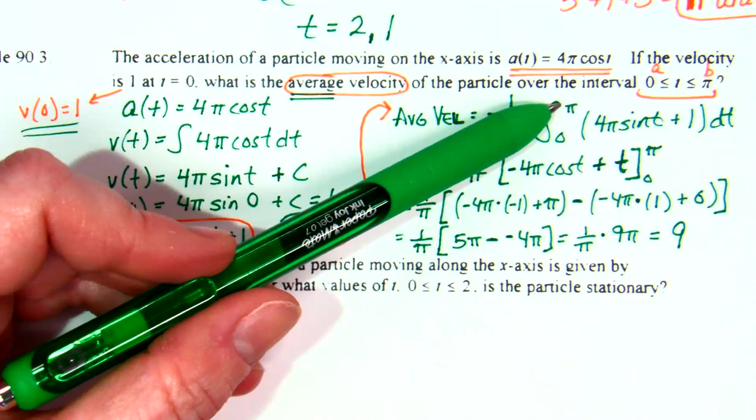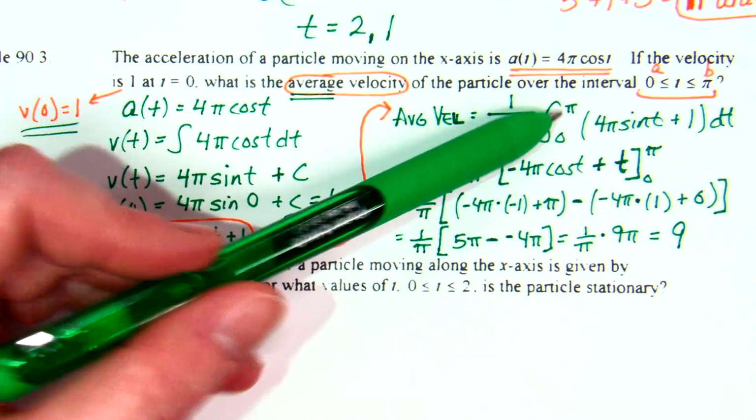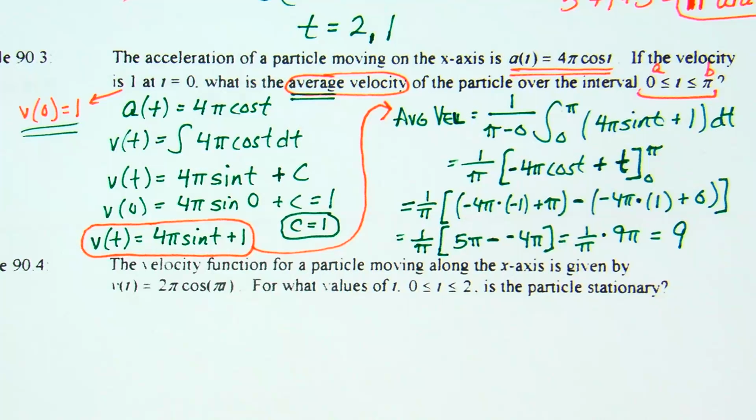If this boundary had been something other than 0, that could make a difference. It has to do with plugging in those boundaries, because you would have plugged in pi right here and 0 right here. So if you were plugging in other numbers there, it could have made the difference. Does that make sense? Okay. And it is 9.